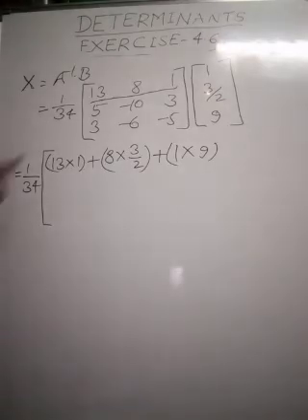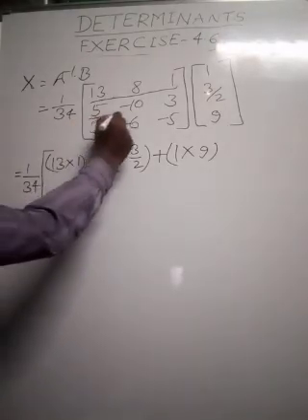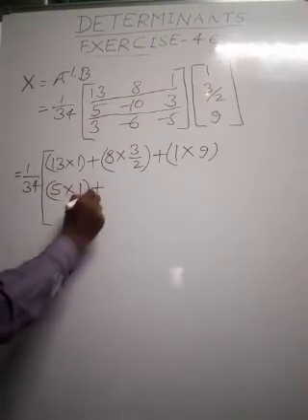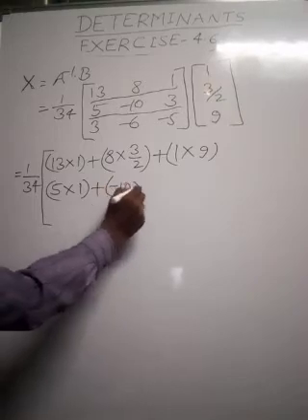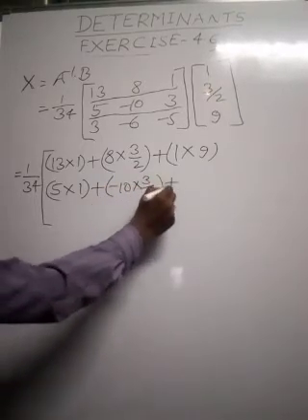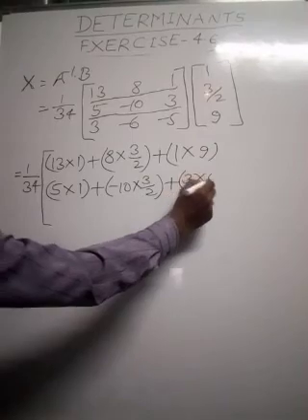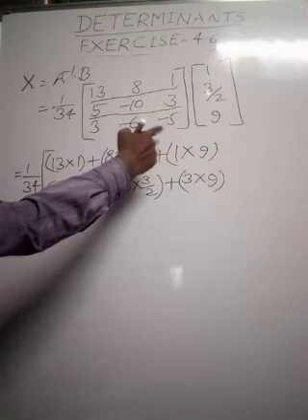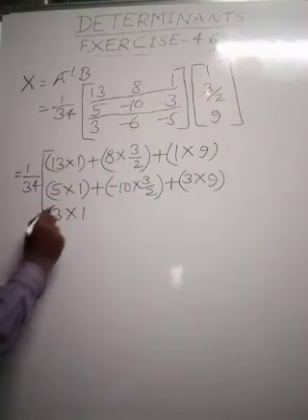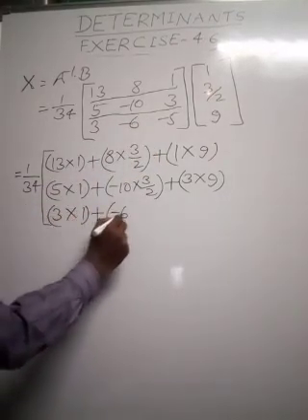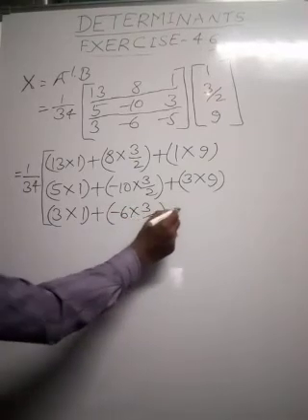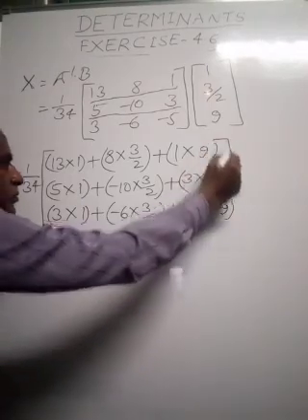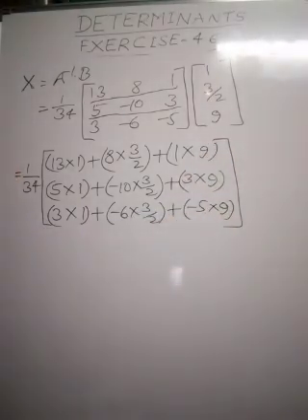Okay, my children, now come to the second row: 5 into 1 plus minus 10 into 3 by 2 plus 3 into 9. Understood? Now come to the third row: 3 into 1 plus minus 6 into 3 by 2 plus minus 5 into 9. Understood this step, my dear children?